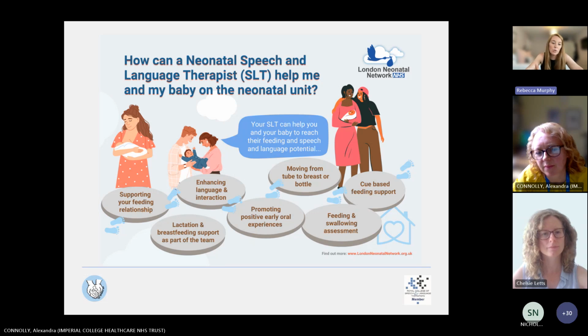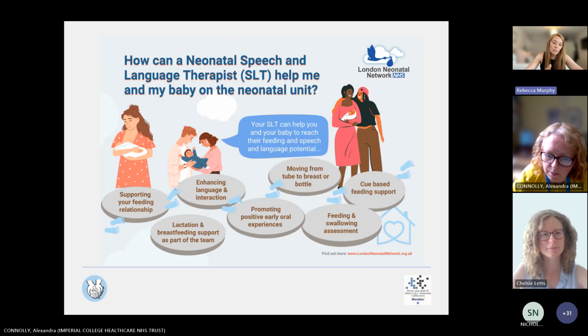We also promote positive early oral experiences, and this could be in the form of non-nutritive sucking. There's lots of new evidence out there that talks about the benefits of this, but also around tastes and positive smells, such as using oral cares, using expressed breast milk to carry out oral cares. We'd be supporting that and showing parents and staff how to do that on the neonatal unit.